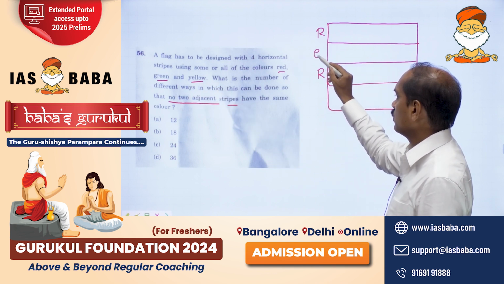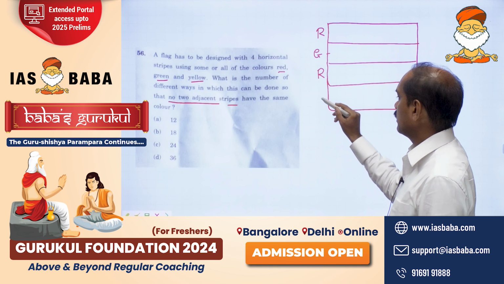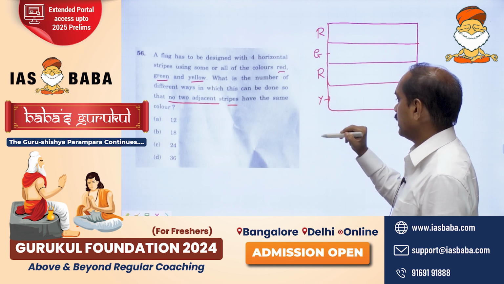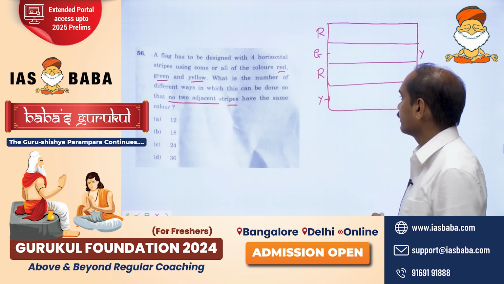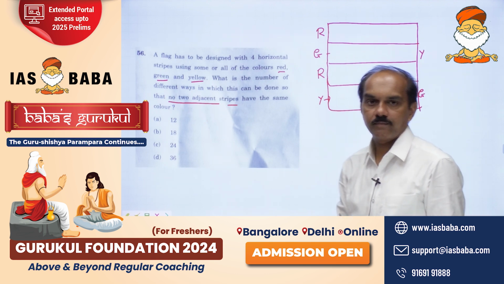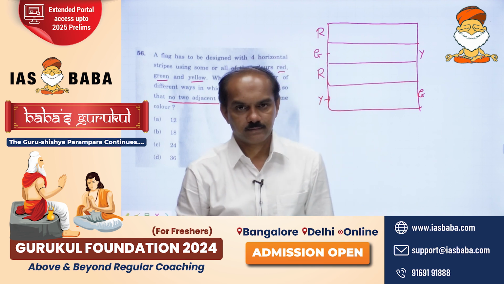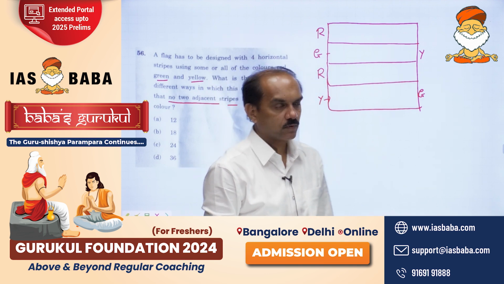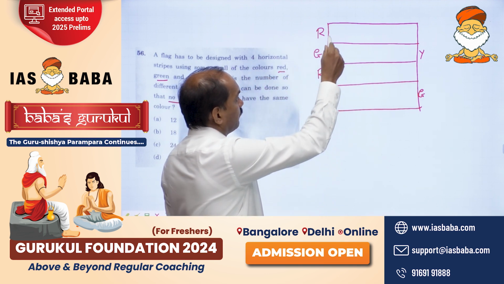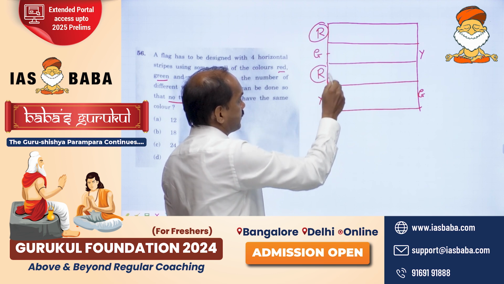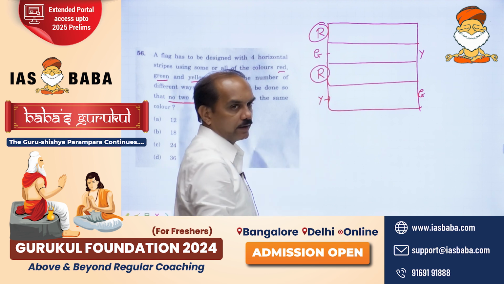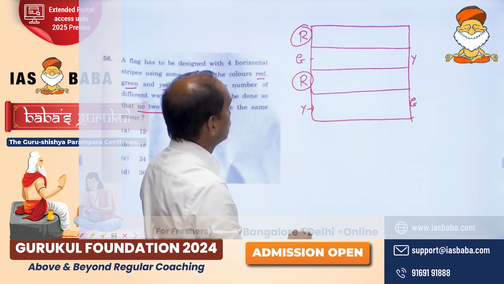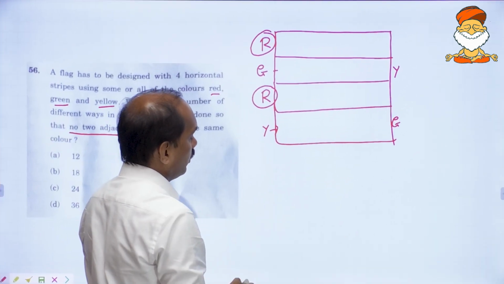Once you go for green here, yellow here, next time green here, yellow there. So you will get 2 different combinations here. If you make these fixed here, once green there, yellow here, once yellow there, green here, 2 you will get, right?